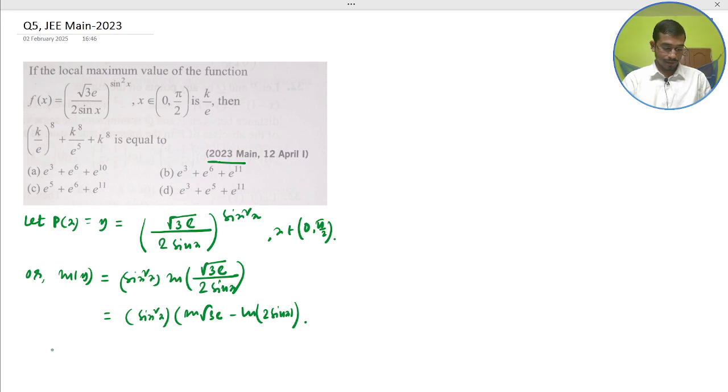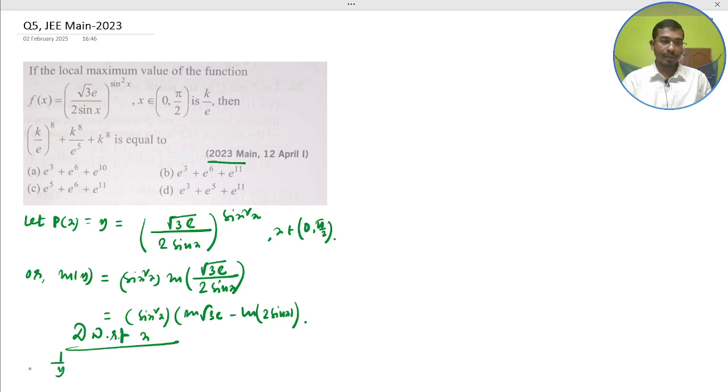So here now differentiating with respect to x both sides.